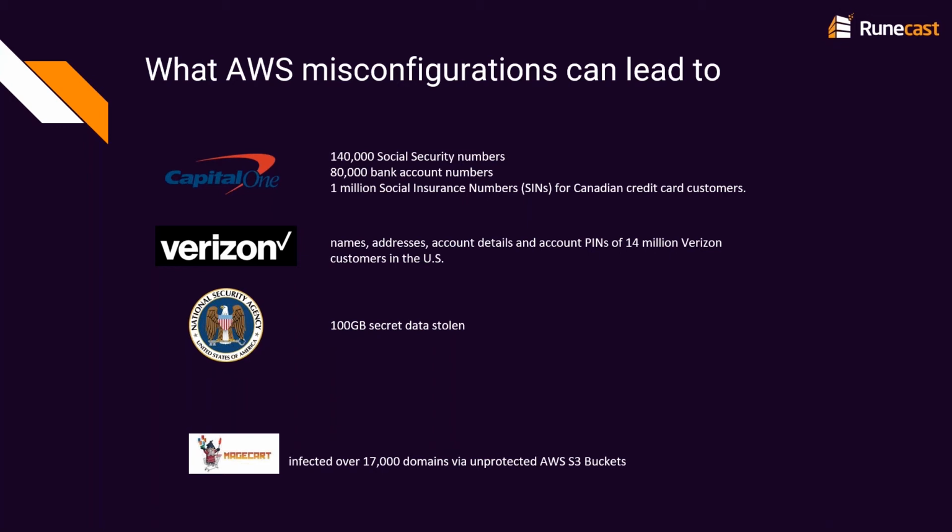Simple attacks that can bring down SMBs or even enterprises can also happen. As we know with MageCart, for example, there are so many domains and websites that were extremely easily hacked via unprotected AWS S3 buckets, just one of the simplest examples out there. And the consequences of these breaches can be really damaging for the reputation and the business. As we can see in some of these examples, the data that is exposed is in some cases highly sensitive.